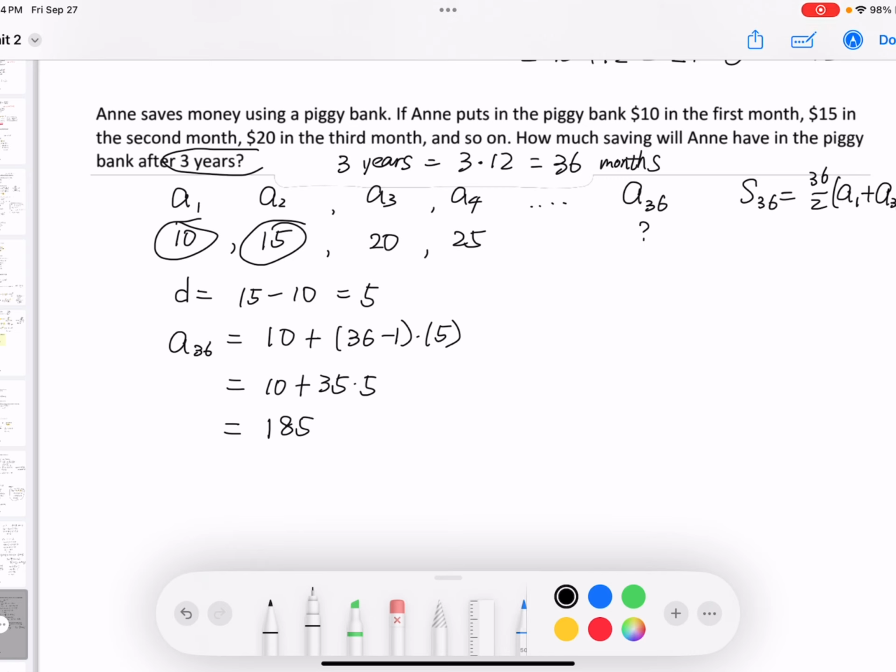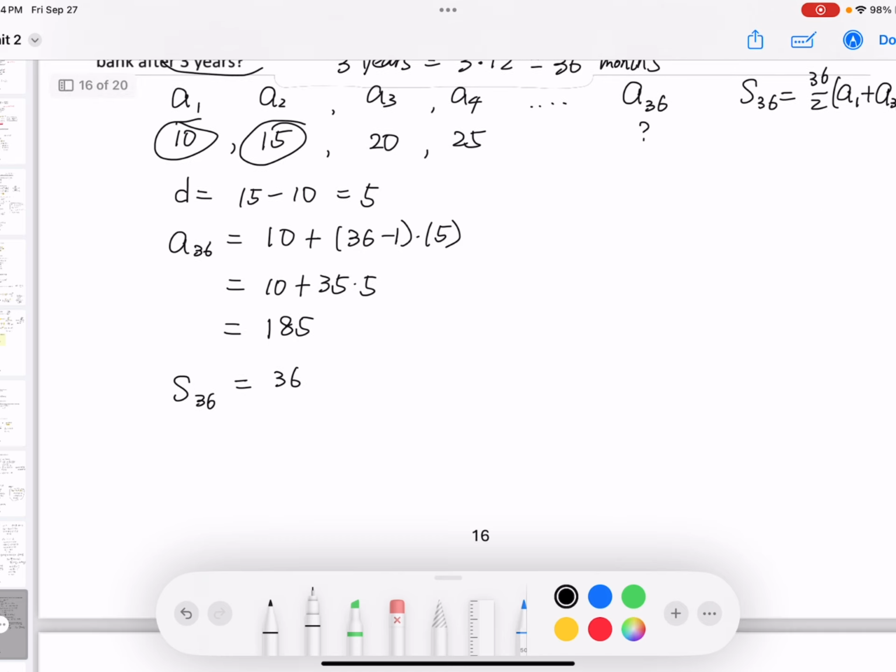Now I'm looking for S sub 36, the sum of the terms from A sub 1 to A sub 36. 36 divided by 2 multiplied by A sub 1, which is 10, plus A sub 36, which is 185.